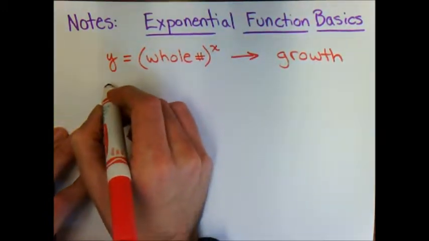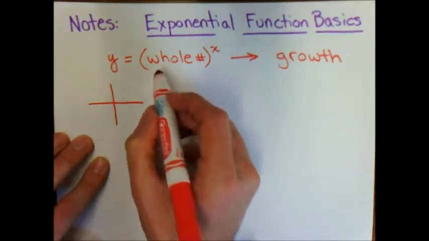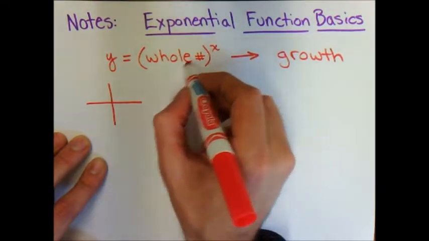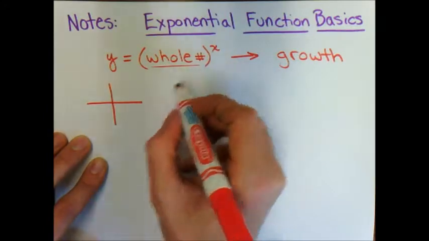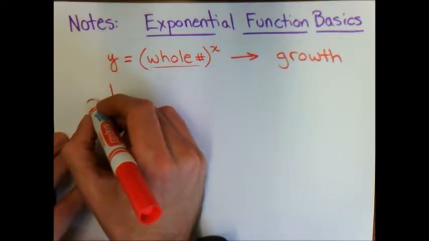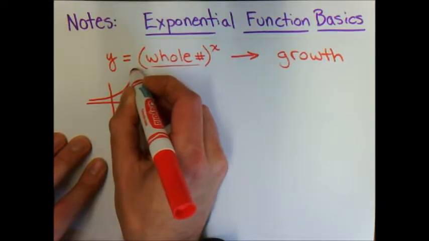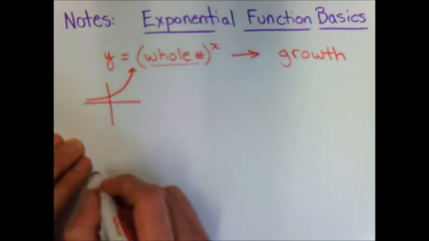Okay, and we can sketch that out. As x gets greater, and I'm raising a whole number, say the number 3, to the power of x, then clearly as x increases, y is going to increase. This is an example of exponential growth.